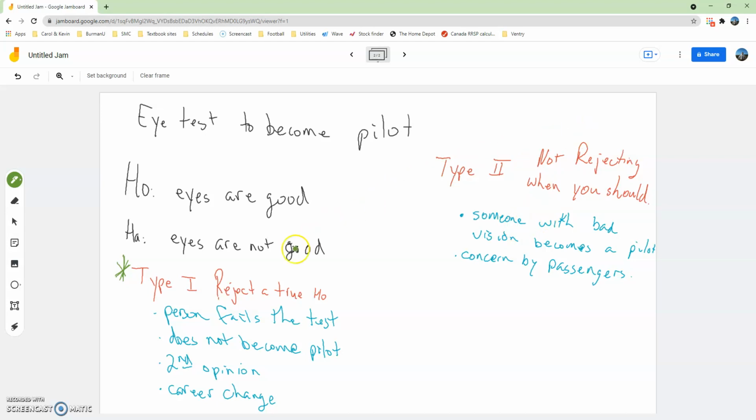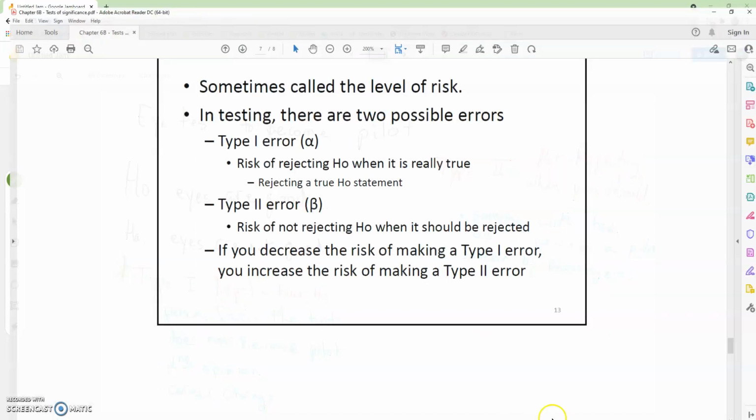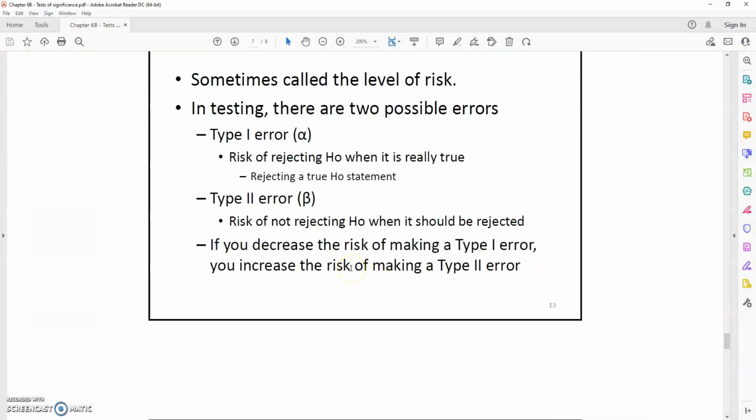So then we are more comfortable. We would rather increase this risk of making a type 1 error. Because, as our point showed here, if you decrease the risk of making a type 1 error, you increase the risk of making a type 2 error. So if you increase the risk of making a type 1 error, you will decrease the risk of making a type 2 error. They're going to work that way.